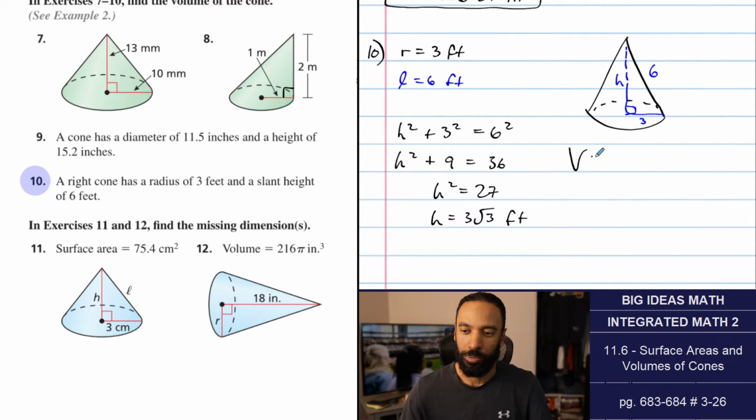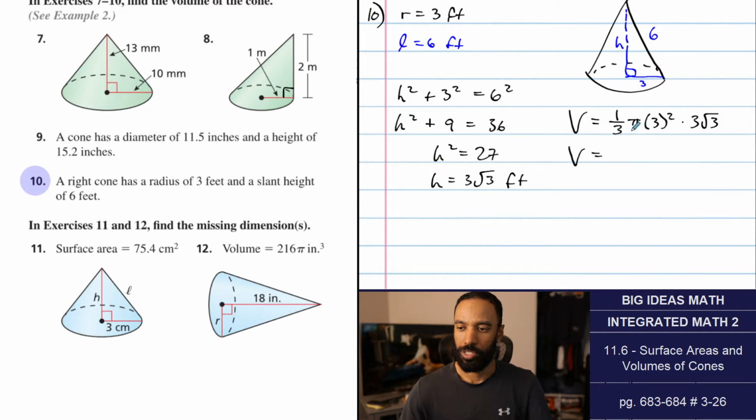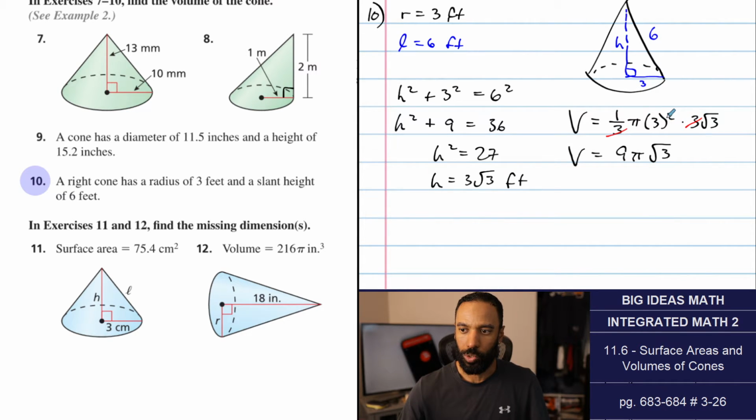We can find volume as, I'm going to go straight into it, 1/3 area of base, pi r squared, times height. 1/3, 3 squared is 9. 9 times 3 is 27. And 1/3 of 27 is 9 again. Actually, let's do it this way. These 3's cancel, and 3 squared is 9.